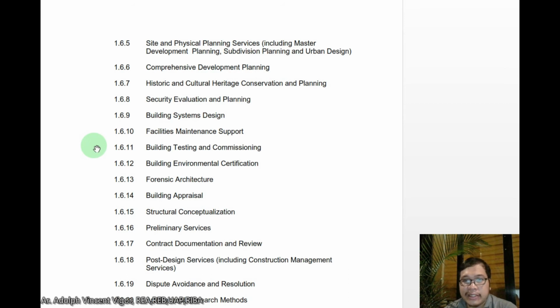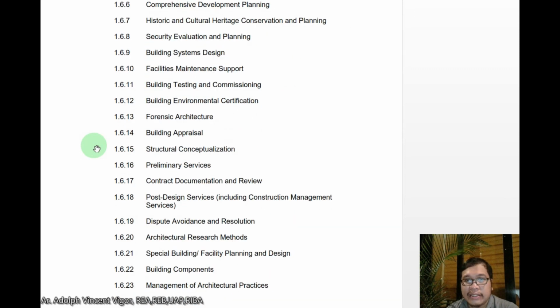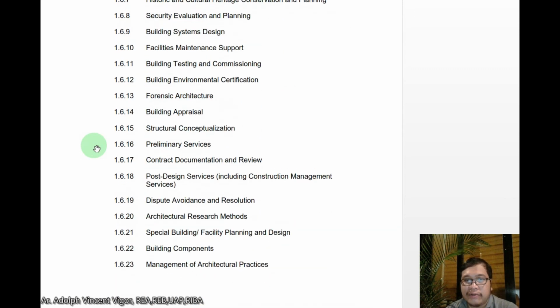facilities maintenance support, building testing and commissioning, building environmental certification. Okay? So, building environmental certification, I think one example I can think of is when you have your building LEED certified. Okay?